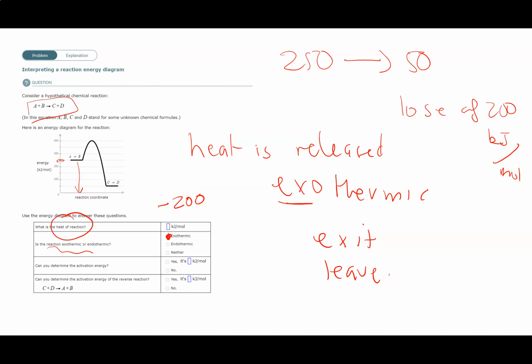And then we're asked, can we determine the activation energy? And we can. The activation energy is the difference in energy between the reactants and the peak of this little hump. We started at 250 and it goes up to 400 right there. So we had to put in 150 kilojoules per mole to get it going.